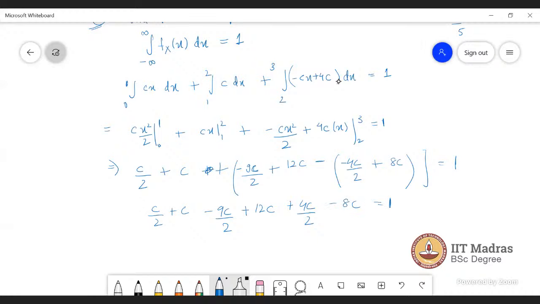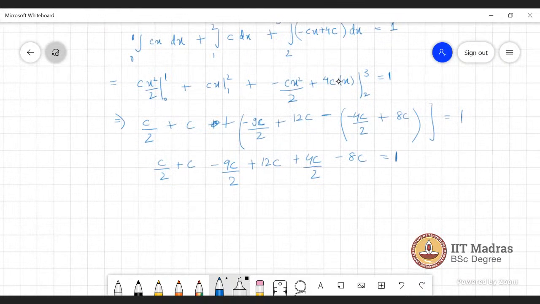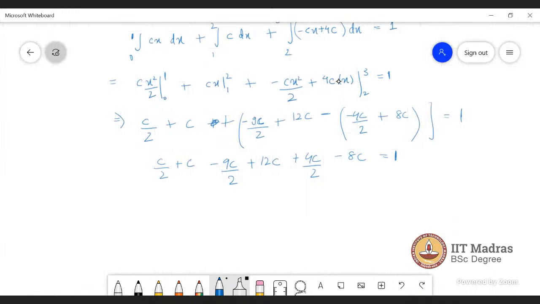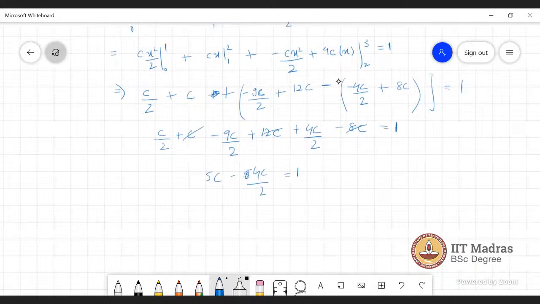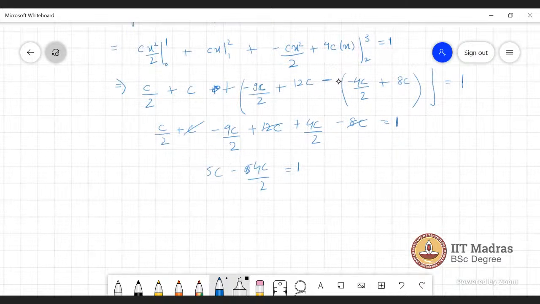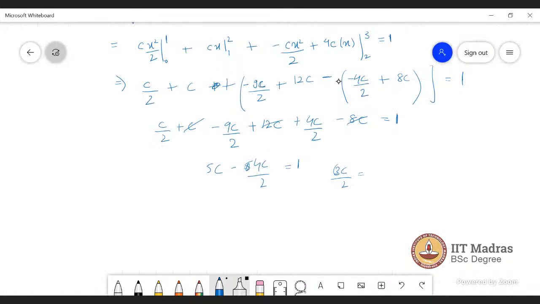If you solve it, you will get 12 minus 8, 4, 4 plus 5c, now 5c minus 4c by 2 equals 1. So 10c minus 4c, this is 6c by 2 equals 1. So c is coming out to be 1 upon 3.